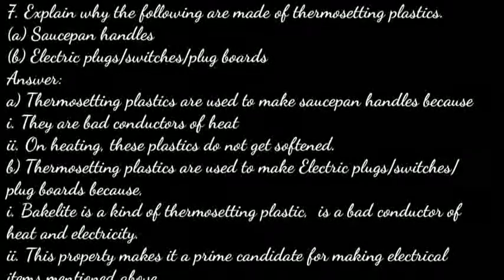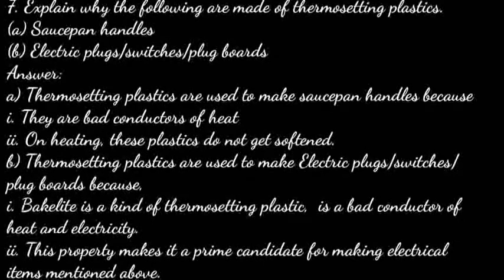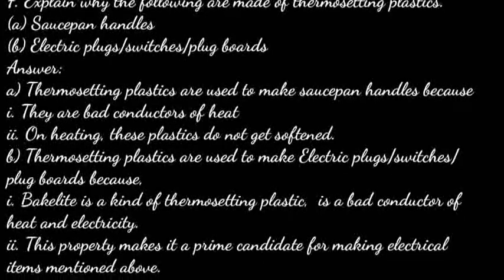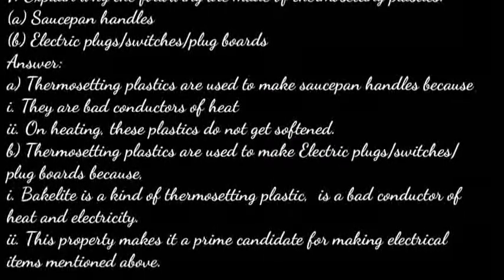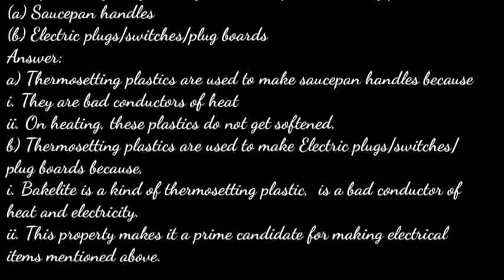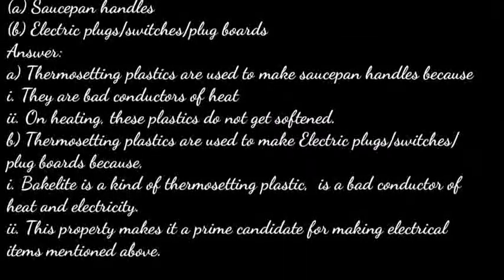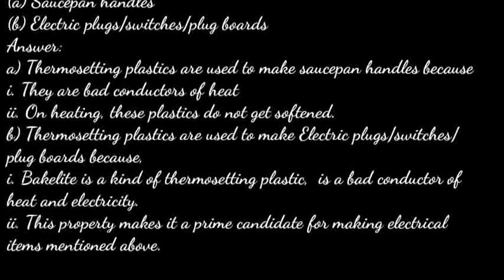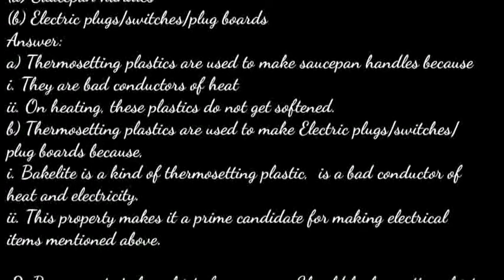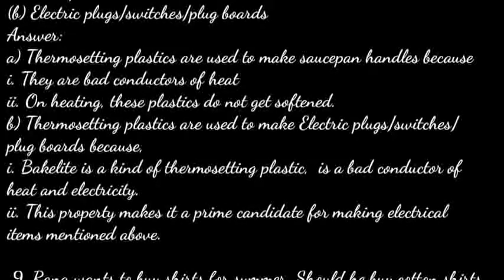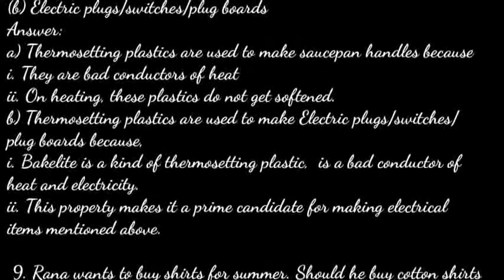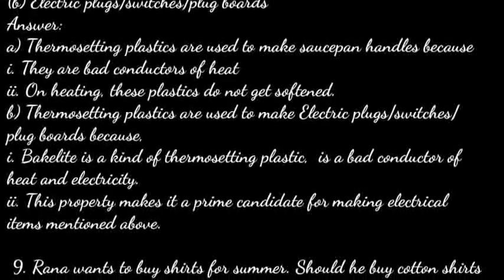Now the next question that we are going to study is explain why the following are made of thermosetting plastic: saucepan handles and electric plug switches and plug boards. Why is it so? First, thermosetting plastics are used in making saucepan handles because the points in favor of it are that they are bad conductors of heat and on heating thermosetting plastic does not get softened or change shape.